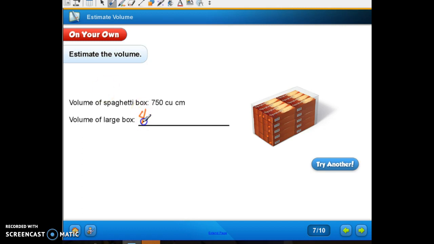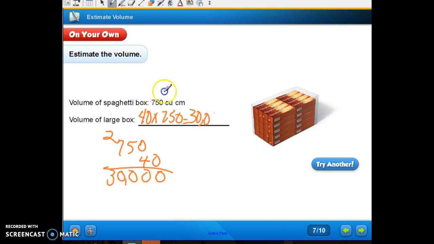So there's 40 boxes times 750. So it's equal to 30,000 cubic centimeters. Any questions on how we're getting that?